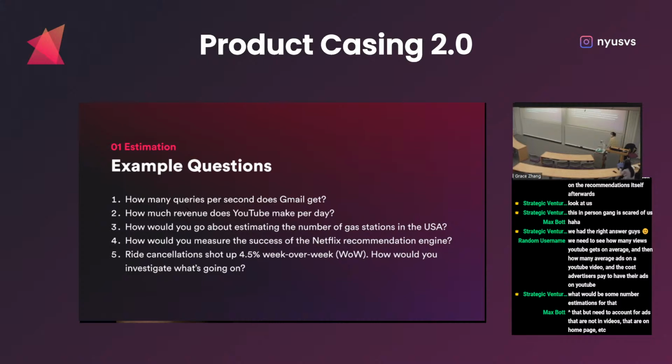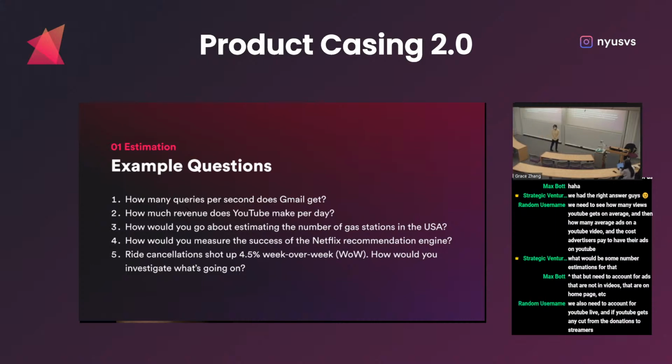Now we ask, how many ads are shown on YouTube? I might want to think about how many videos are watched per day, and what percentage of them have ads.